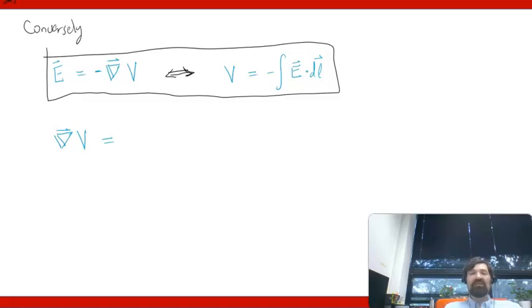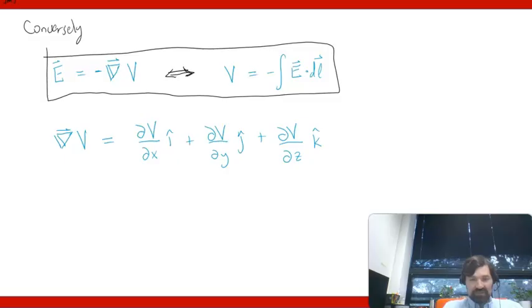Gradient of V is the derivative, actually partial derivative of V with respect to x in the i hat or x direction, plus the partial derivative of V with respect to y in the j hat or y direction, plus the partial derivative of V with respect to z in the k hat direction. So this symbol right here means partial derivative.